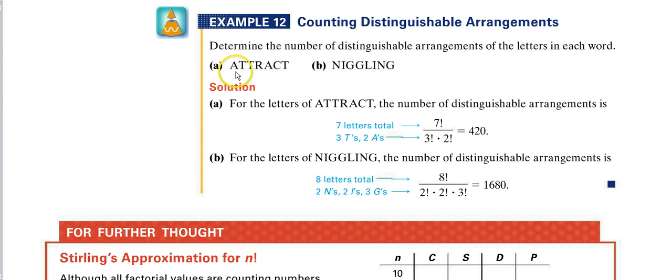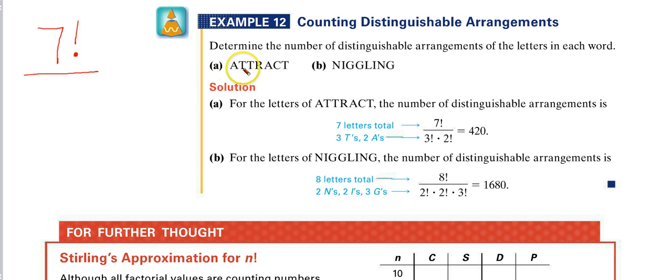So how many letters? 1, 2, 3, 4, 5, 6, 7. So this will be 7 factorial. But how many repeats are there?